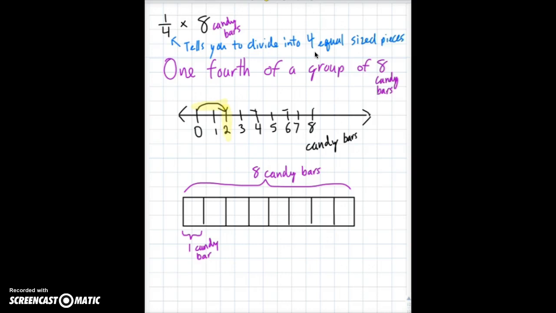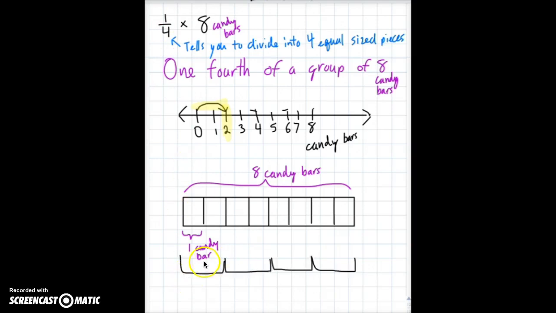If we look here at the 8 candy bars, and each part of this is equivalent to 1 candy bar, then we need to break it into 4 equal size pieces.